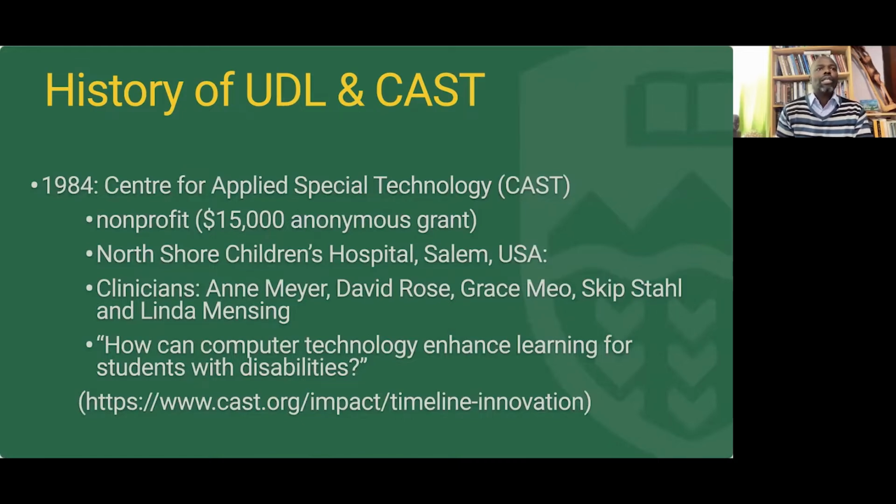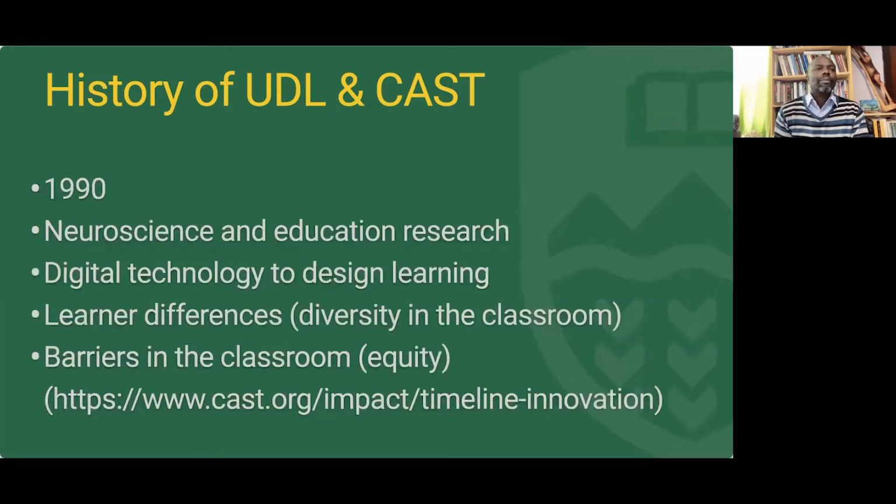Their primary objective was using neuroscience and computer technology in education. They partnered with the computer company Apple. Apple had just released the then new Macintosh computer. Their collaborative objective was: how can computer technology enhance learning of students with disabilities?